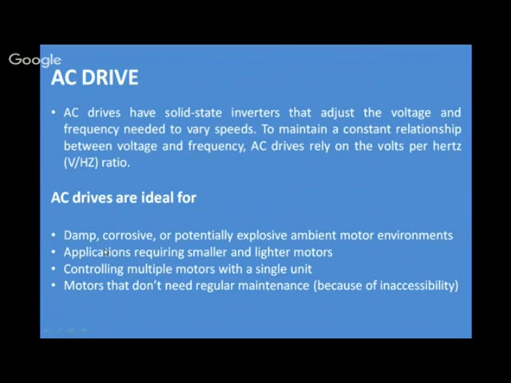Then we have these drives being used in damp, corrosive or potentially explosive environments because of the lower probability of production of sparks. We can use multiple motors here with a single driving unit, and these motors require very little maintenance because there are no moving parts like brushes and commutators, so we can easily use them in inaccessible locations.